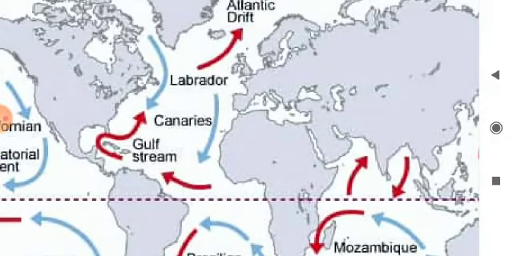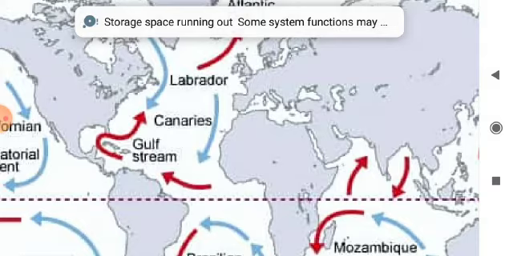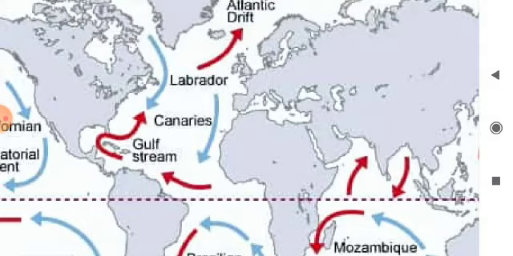The mixing of the cold and warm currents provides ideal temperature conditions for the life of fish. The chief food of fish, plankton, is found in abundance in cold water.